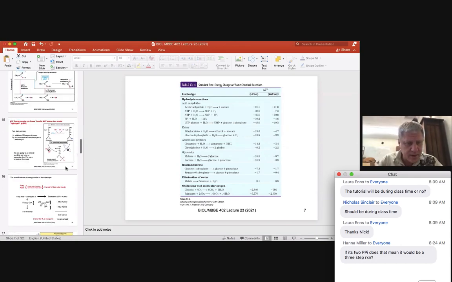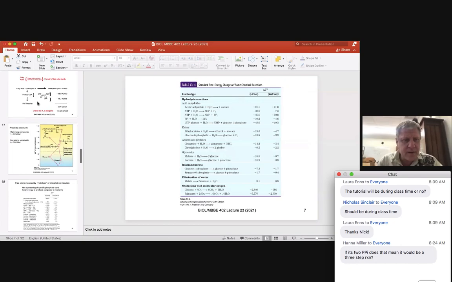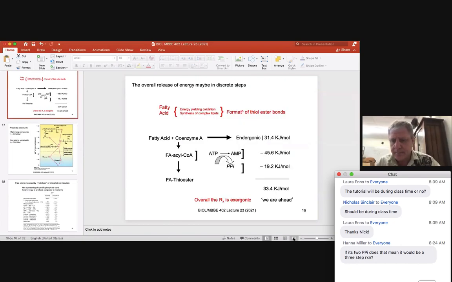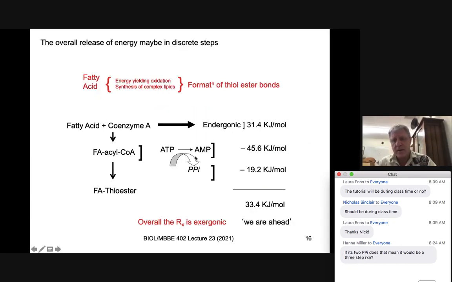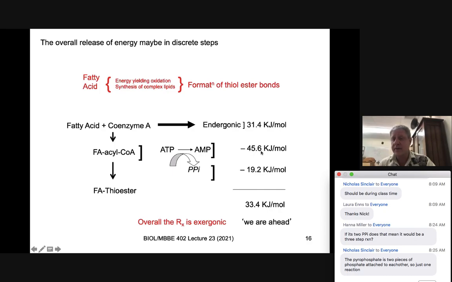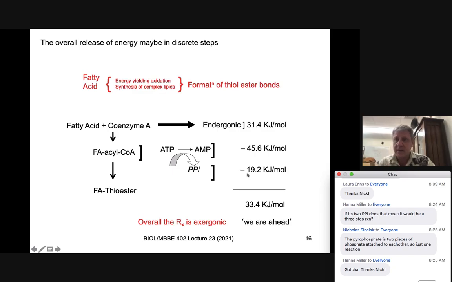And the point I'm trying to get to is that this becomes a very substantial reaction, because here we have the full degradation of ATP to AMP, giving us minus 45 kilojoules per mole. So it's good, we're getting some energy. But we can take that pyrophosphate, those two moieties of the phosphoanhydride bond, and still further cleave it to give us some more energy in the form of negative 19.2 kilojoules per mole.